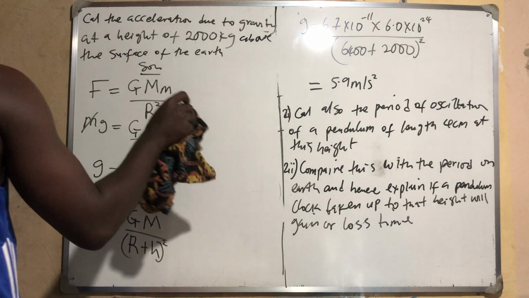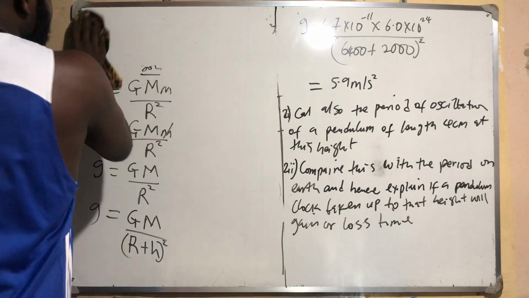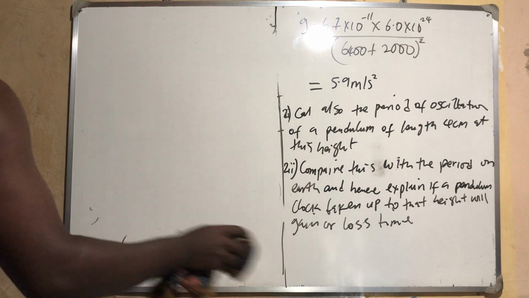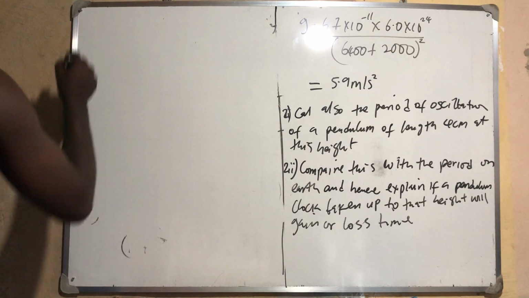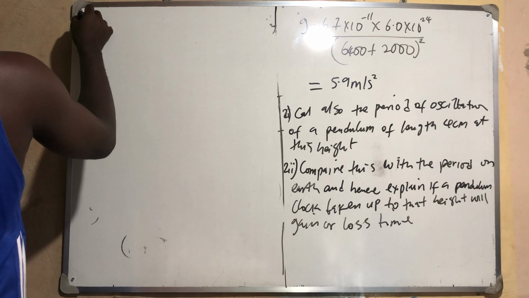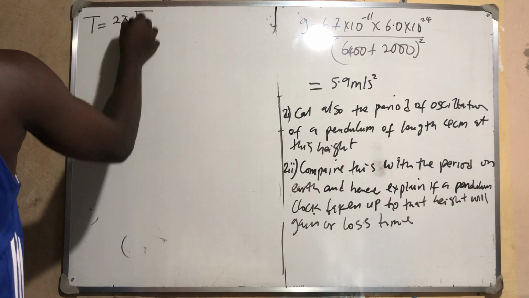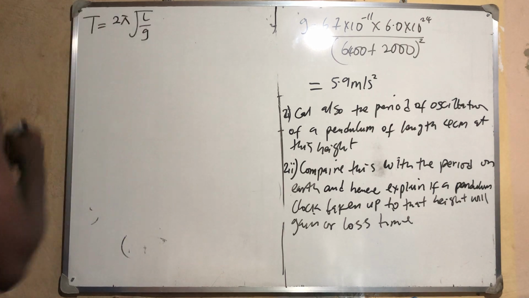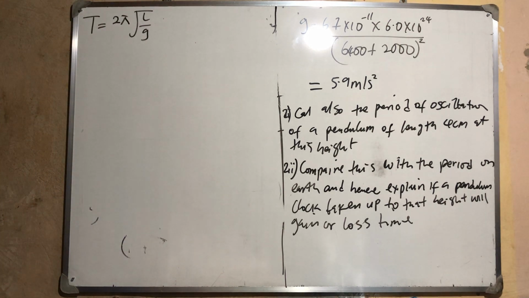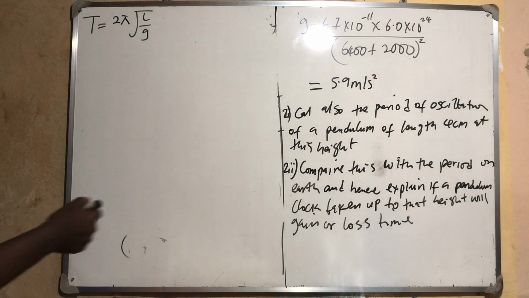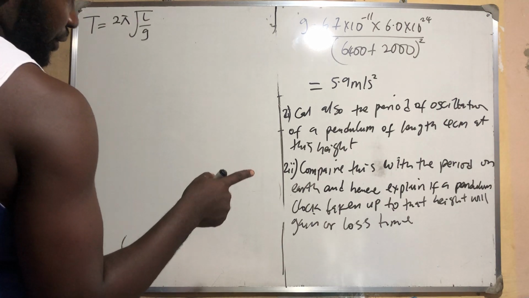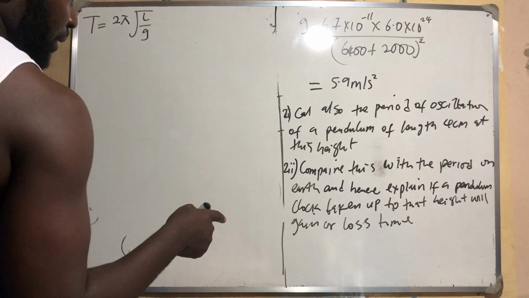So the first thing we calculated was our g. We have gotten our g, and I know that the period of oscillation is given by 2 pi the square root of L over g. Don't forget, the period of oscillation is given by 2 pi the square root of L over g.